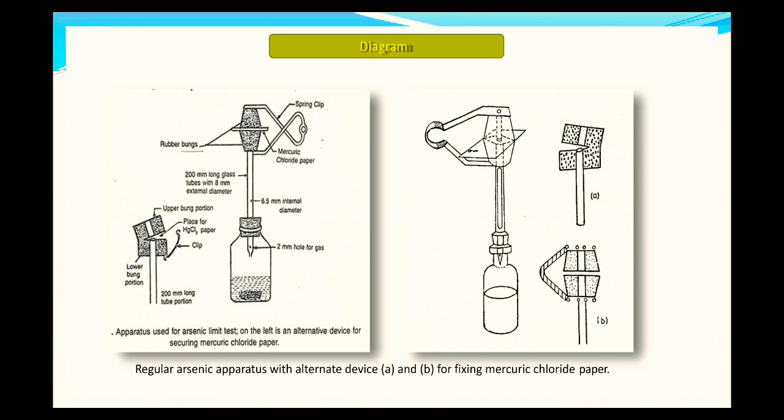In diagram 1, they have shown one apparatus having a 2 mm hole for gas, a tube of 6.5 mm internal diameter, mercuric chloride paper which is fitted between two rubber bungs, spring clip, 200 mm long glass tubes with 8 mm external diameter, upper bung portion, lower bung portion. The apparatus used for the arsenic limit test is on the left, and an alternative device for securing mercuric chloride paper is shown.